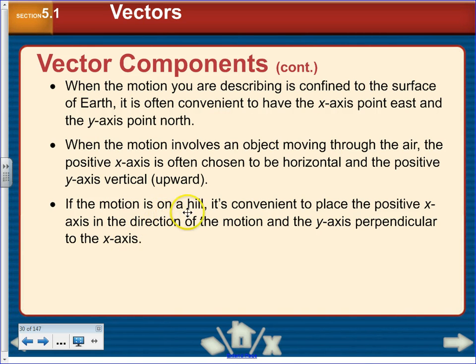If it's on a hill or on a ramp or on some kind of slanted thing, it's convenient to place the x-axis in the direction of motion, basically following the angle of the ramp, and then the y-axis perpendicular to the x-axis, or perpendicular to the ramp.